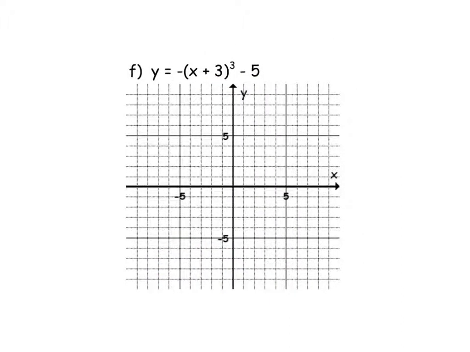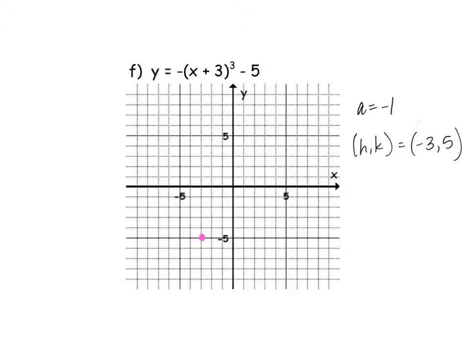Final one we have here is a cubic, and then we'll be done. So we have, again, an A equals -1 and an HK of -3, 5. So that means I'm going to go to the point -3, -5.